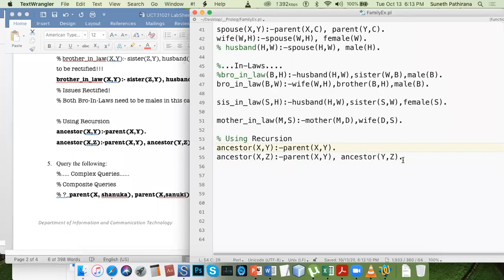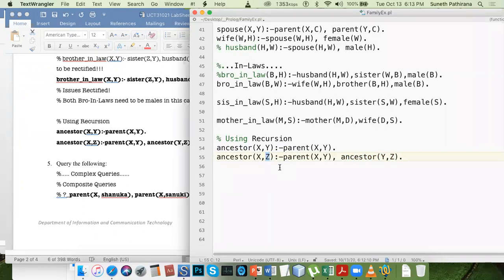Here we have a composite statement specifying more conditions to qualify as an ancestor. Here a third person Z is involved.